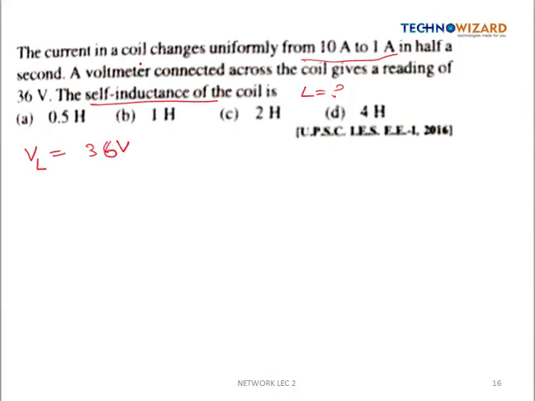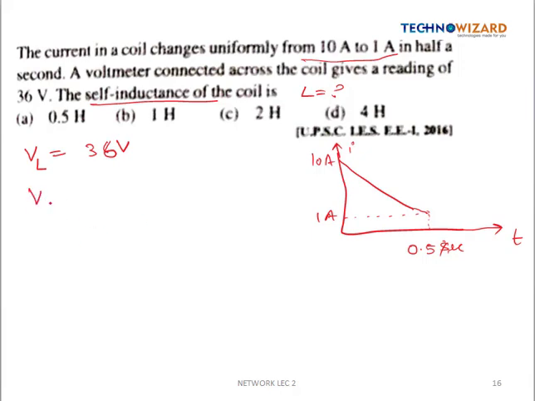And the current is changing from 10 ampere to 1 ampere in half second, 0.5 second. So this is the time axis, this is the current axis.